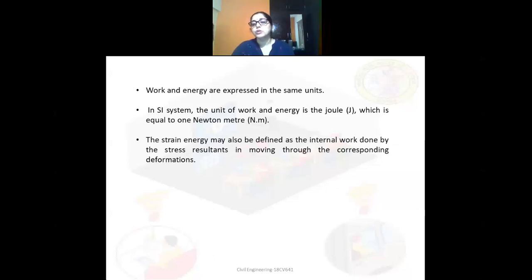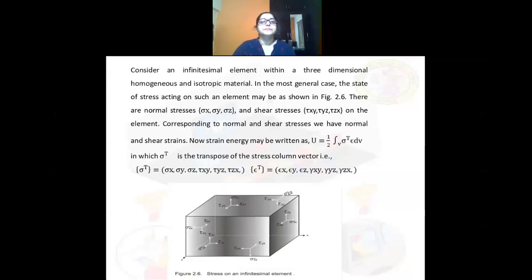So whenever an external load is acting on the body, the body will oppose it by strain energy, the energy stored in the body. That is called internal work done. Let us consider an infinitesimal element of a three-dimensional homogeneous isotropic material.